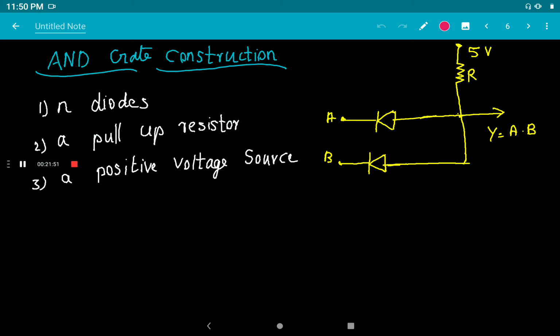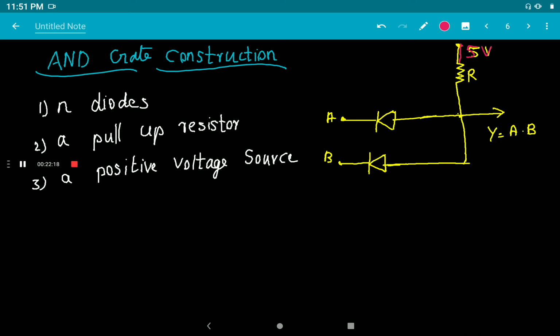And the resistor is set to pull the output voltage up to logic 1. Here you can see a +5 volt is applied at the resistor, so it acts as a pull-up resistor, used to make the output 1. So the resistor is set to pull the output voltage up to logic 1 state.